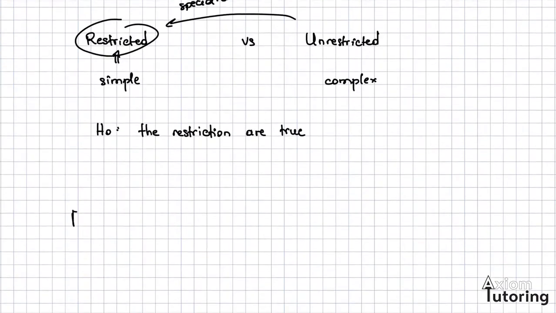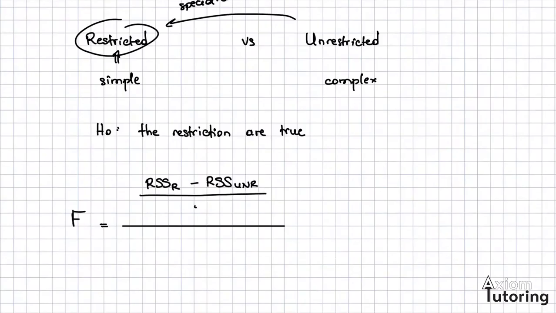If we formalize this with the formula, the new one being introduced to you now is the residual sum of squares from the restricted model minus the residual sum of squares from the unrestricted model, divided by Q, then the residual sum of squares divided by N minus K minus 1.